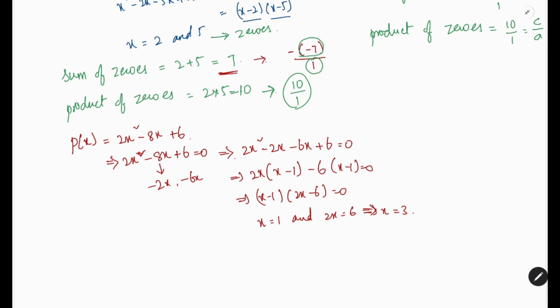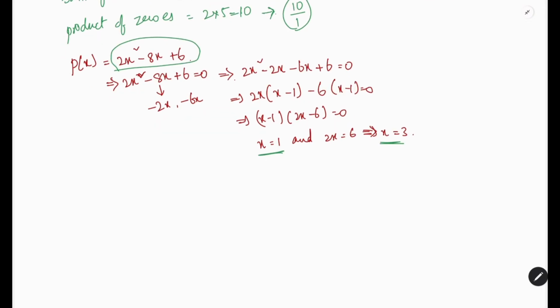For these values x equal to 1 and x equal to 3, the value of this polynomial is 0. That means 1 and 3 are the zeros of this polynomial.